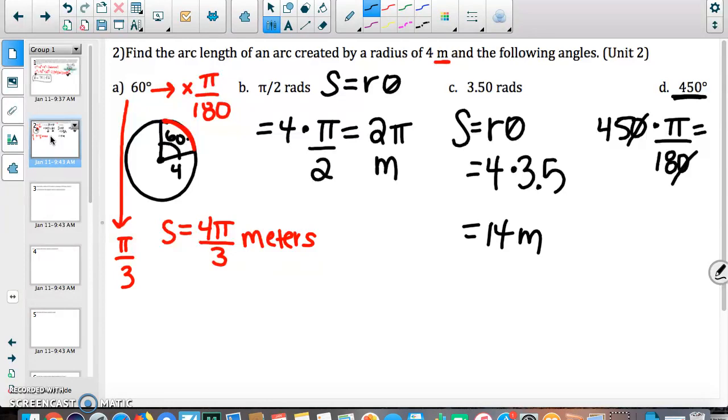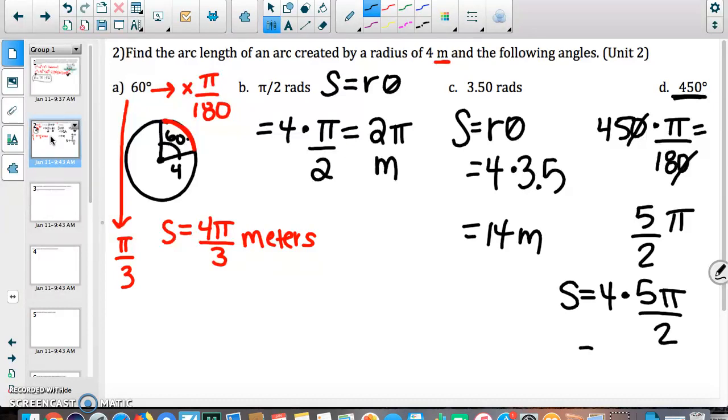That will simplify to be 5 over 2. Divide both top and bottom by 9. 5 over 2 pi. Awesome. So now plugging this into my equation, I would get 4 divided by 2 is 2. 2 times 5 is 10 pi meters.